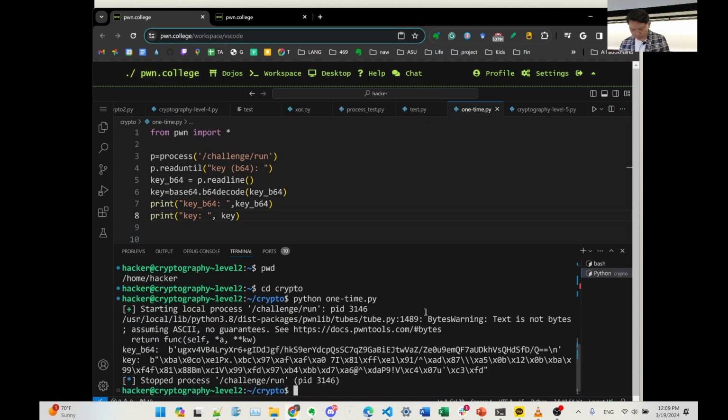Okay, so here we got the key in base64, right? This is the key, and this is the decoded key in hex, right? Can you see some characters like 0C0, not zero, it is O. What's the meaning of this?